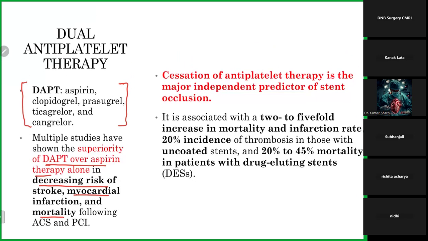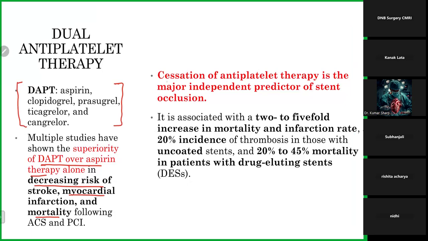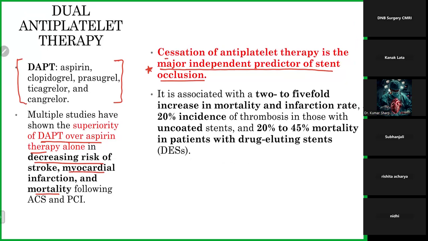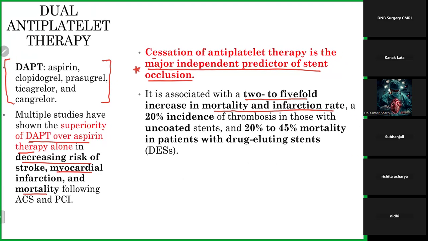It is also important that the cessation of antiplatelet therapy is a major independent predictor of stent occlusion. This is an important point we should remember. It is associated with a 2 to 5-fold increase in mortality and infarction rate if you are stopping the antiplatelet therapy. 20% incidence of thrombosis in those with uncoated stent, which is also known as the bare metal stent, and 20 to 45% mortality in patients with drug-eluting stent.